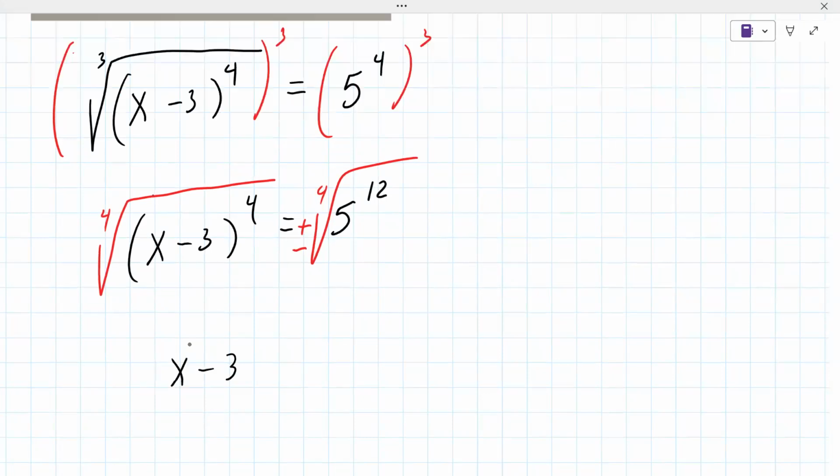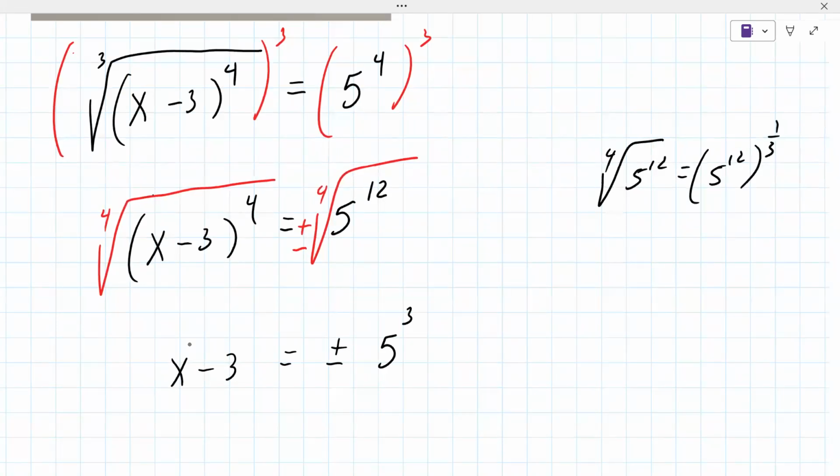So it becomes x minus 3 equals plus or minus. And this ends up being 5 to the power of 3. The reason is the fourth root is really to the 1/4 power. And then you multiply the exponent 12 times a fourth, which is 3. So it's x minus 3 equals plus or minus 125.